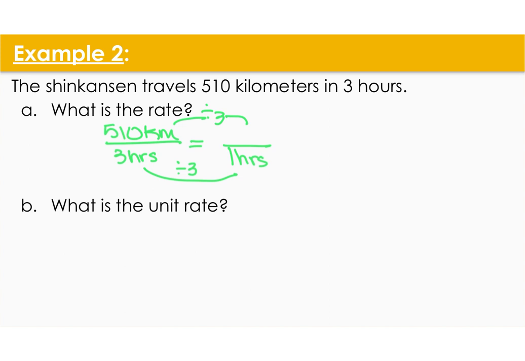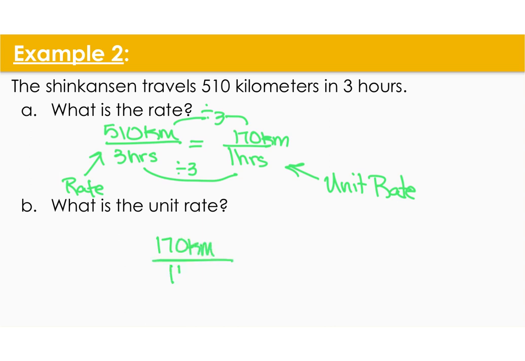So for the unit rate, when I divide by 3, I have 170 kilometers. So this one is the rate. It's just the comparison of the two things. And this one is the unit rate because it has a 1 in the numerator or denominator. So this one's 170 kilometers per 1 hour.